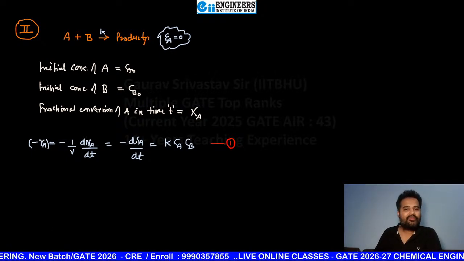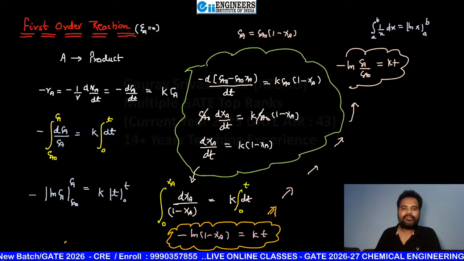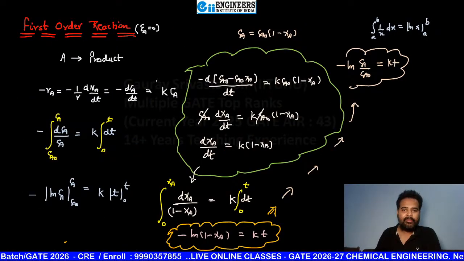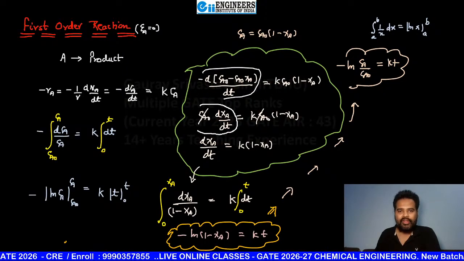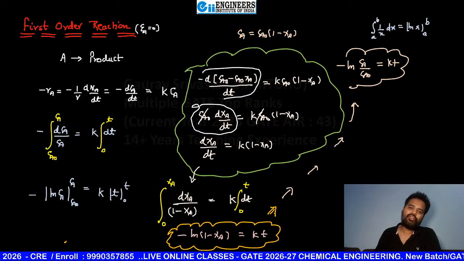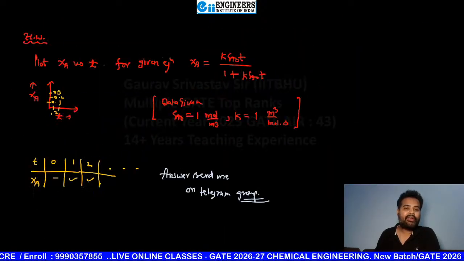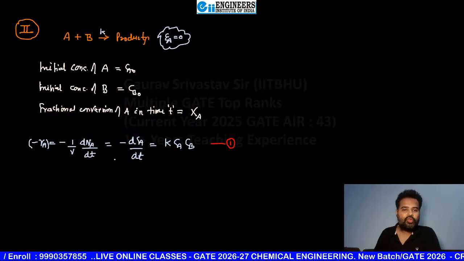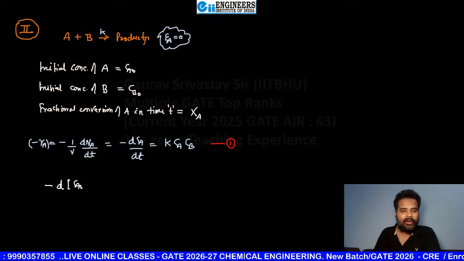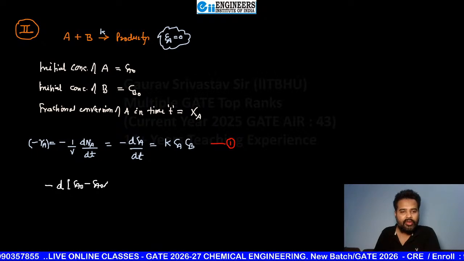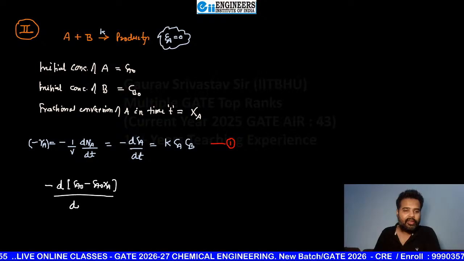So what can we write in place of minus dCa by dt? See, just done by me: in place of dCa by dt, you got Ca naught dXa by dt. So you can write this as minus d of Ca naught (1 minus Xa), or minus d of (Ca naught minus Ca naught Xa) by dt.